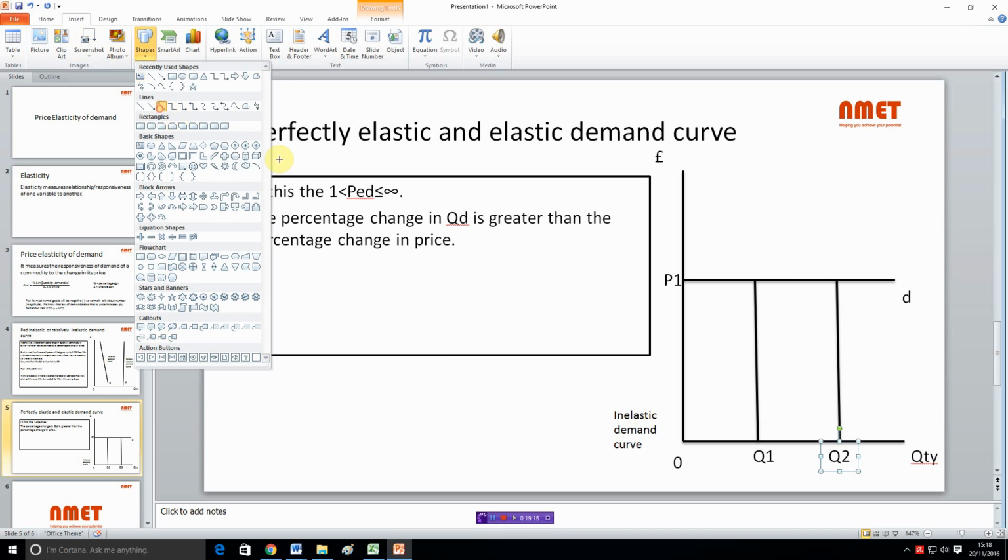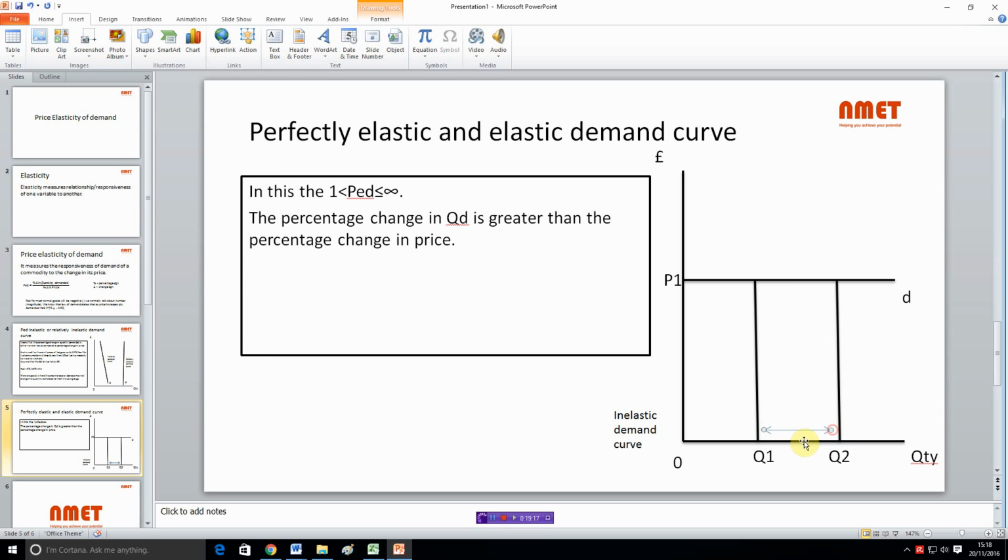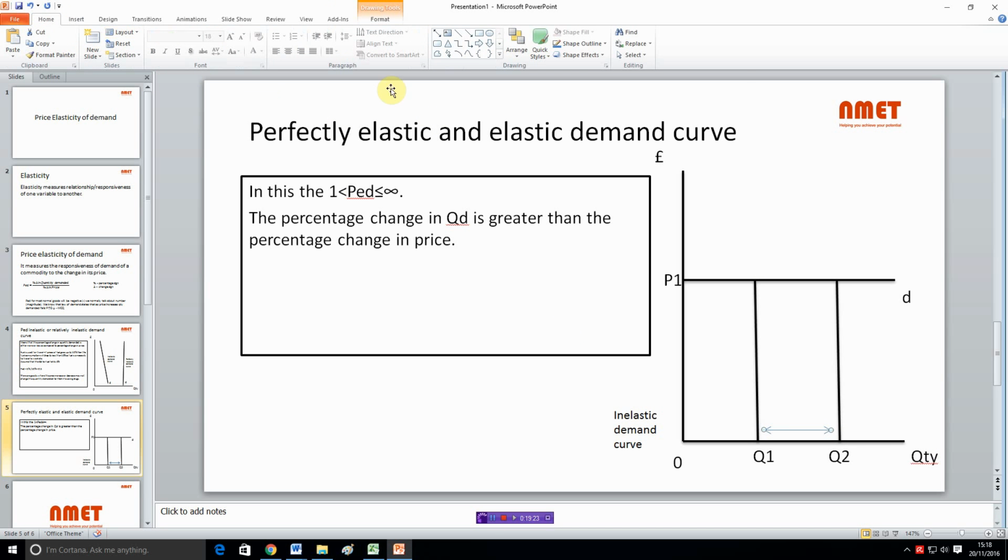It's increasing, from Q1 to Q2. But has anything happened to the price? No. So the price hasn't changed. Let's say this change from Q1 to Q2 is, let's say, 10%. And what is the percentage change in price?